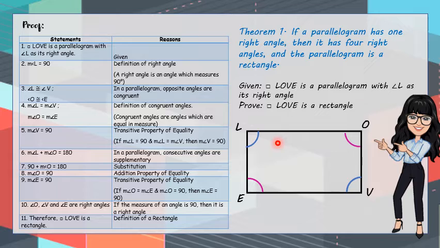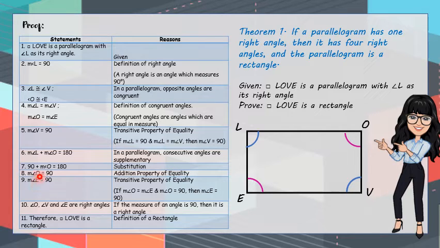That means if angle L and angle O are supplementary angles, then if we add their measures, the sum would be 180. So that is why we have here measure angle L plus measure angle O is equal to 180, because again, in a parallelogram, consecutive angles are supplementary. Supplementary means the sum of their measure is equal to 180 degrees.